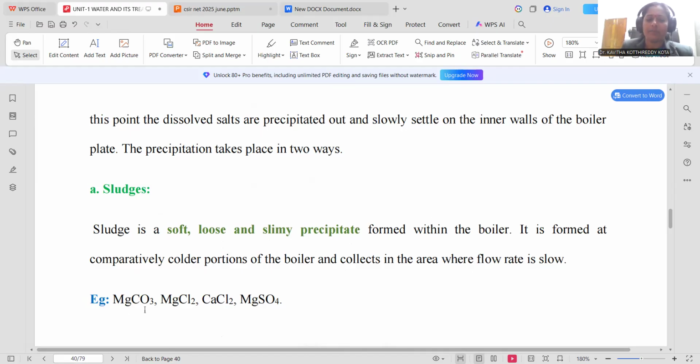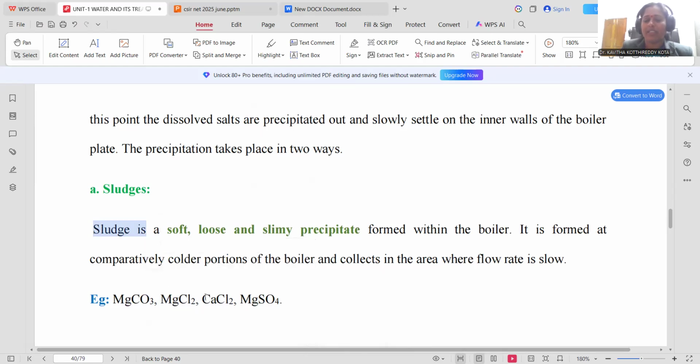Magnesium carbonate is an example of sludge formation. Magnesium chloride, calcium chloride and magnesium sulfate. So most of the magnesium salts generate sludges. This is very simple to remember. Magnesium carbonate, chloride and sulfate, and calcium chloride are the causes of sludge formation.